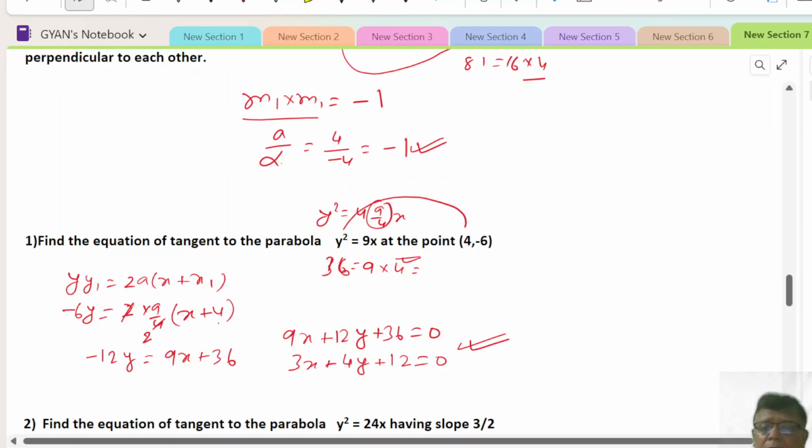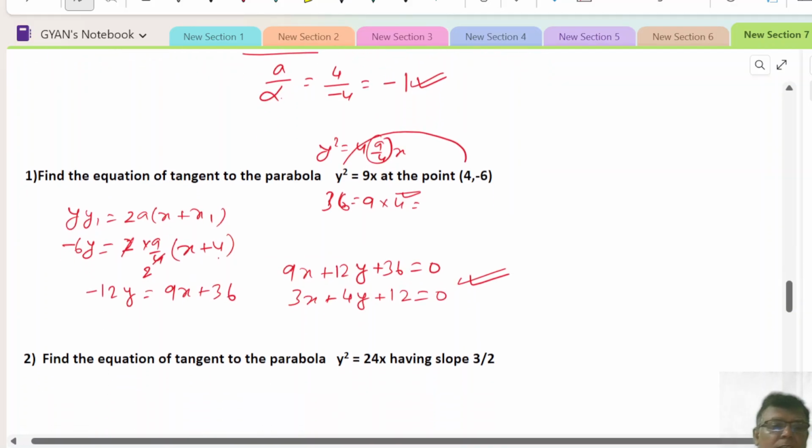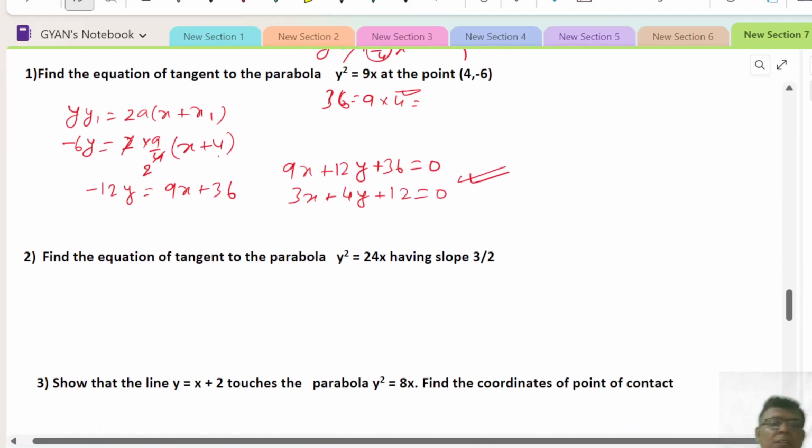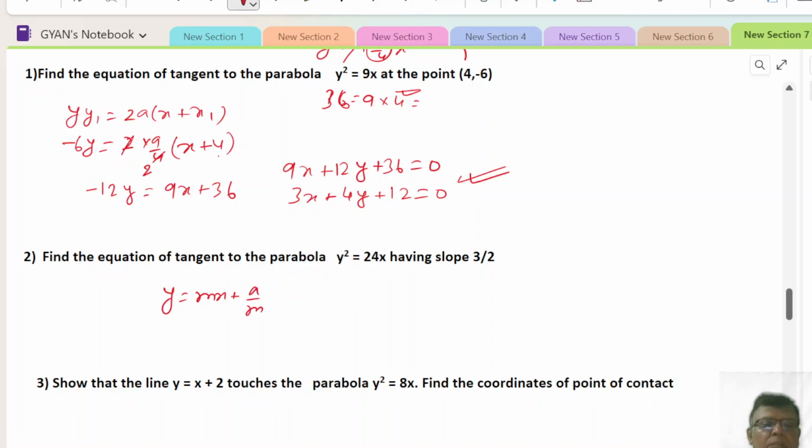Now come to the second question. Find the equation of tangent. So for the tangent we have already derived y is equal to mx plus c, where c is equal to a by m. This is the equation of tangent that we derived. So here the slope m is given, and this is 4 into 6 into x, that means a is 6.